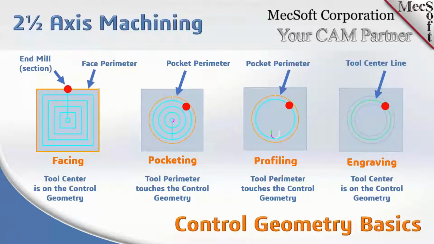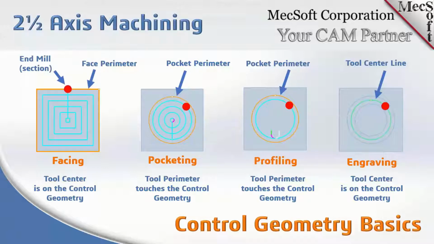It'll follow it wherever it goes. So that's a good operation if you want to engrave some lettering on a part, or if you want to tell exactly where you want that tool to move, you can just draw the control geometry curves and use that as input to your engraving operation.